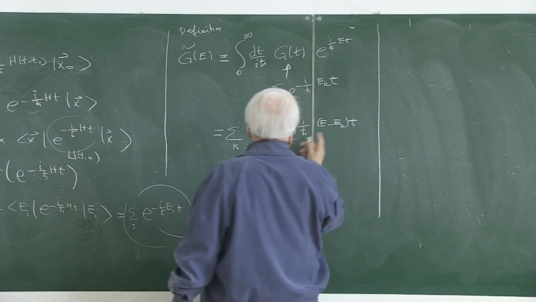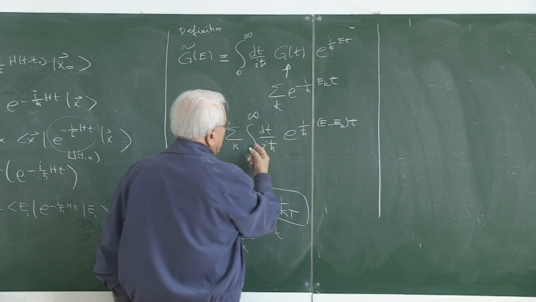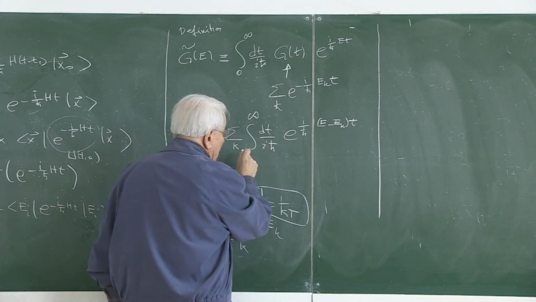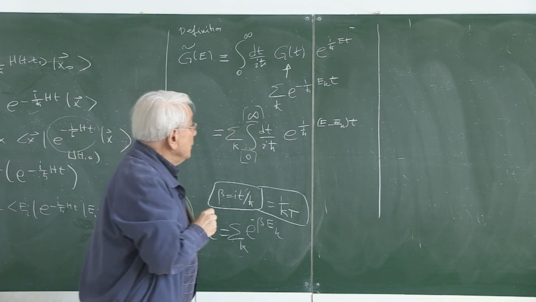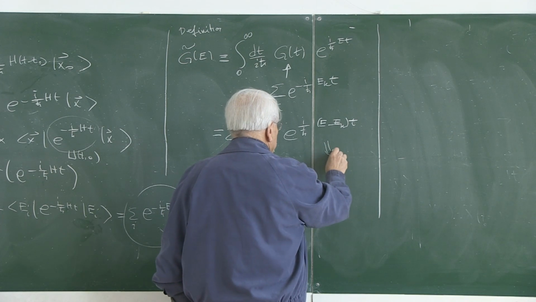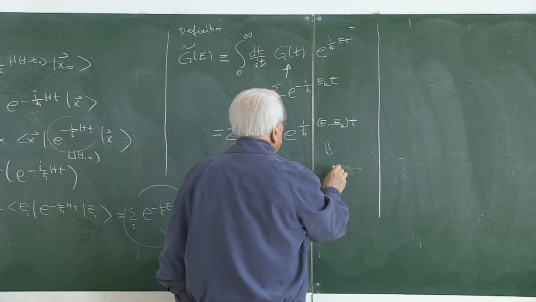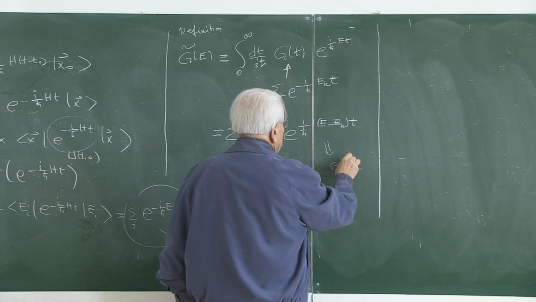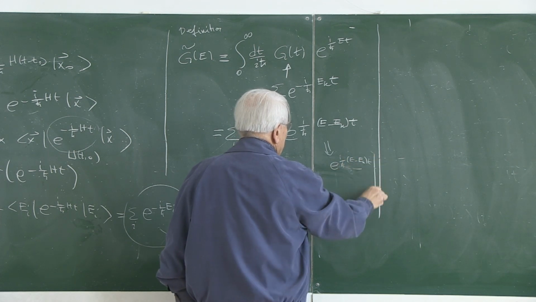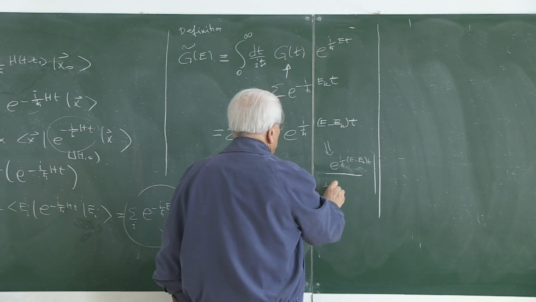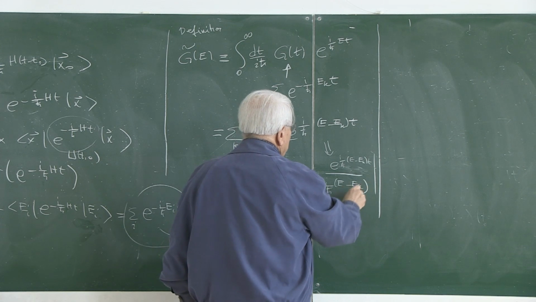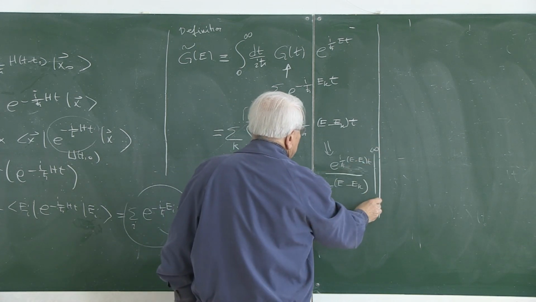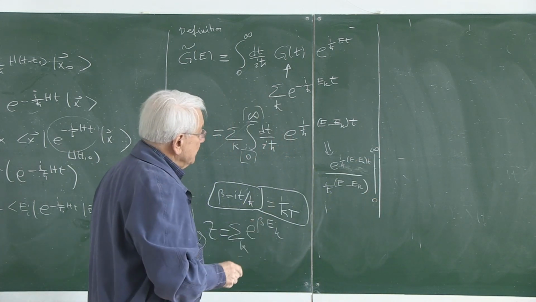A naive integration will be, well, forget these numbers, dt, 0 to infinity. This is the important thing that you have to keep an eye on. If you integrate this, what you get is the following: e to the i over h bar (E minus E_k) t divided by i over h bar (E minus E_k), from 0 to infinity.